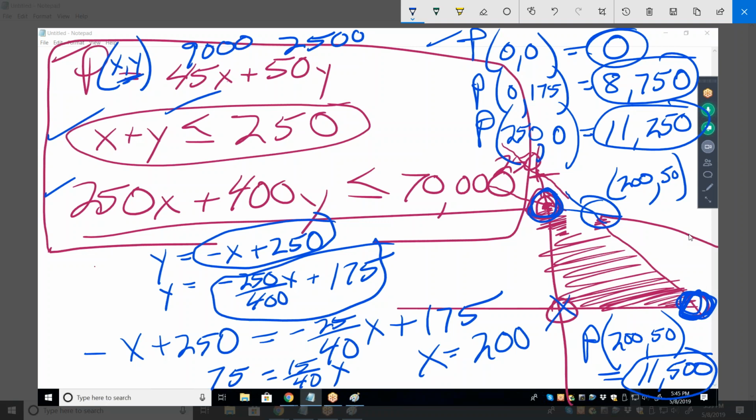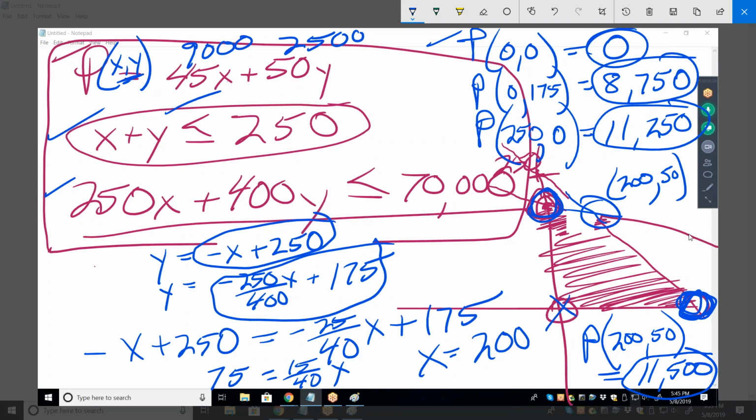So if this computer dealer buys exactly 200 of the cheap machines and 50 of the more expensive machines, he will spend exactly 70,000, and he will make the most profit, 11,500.